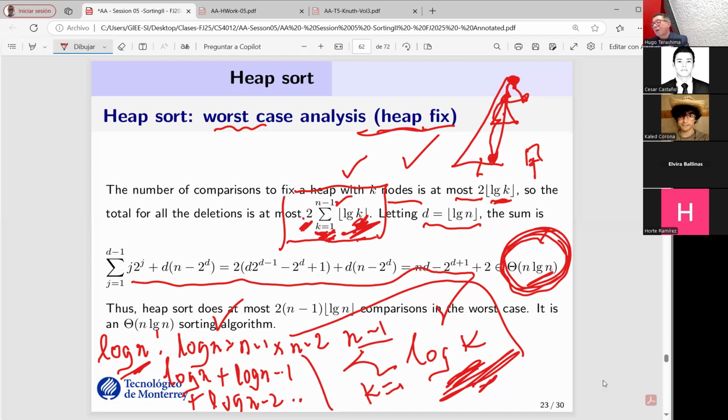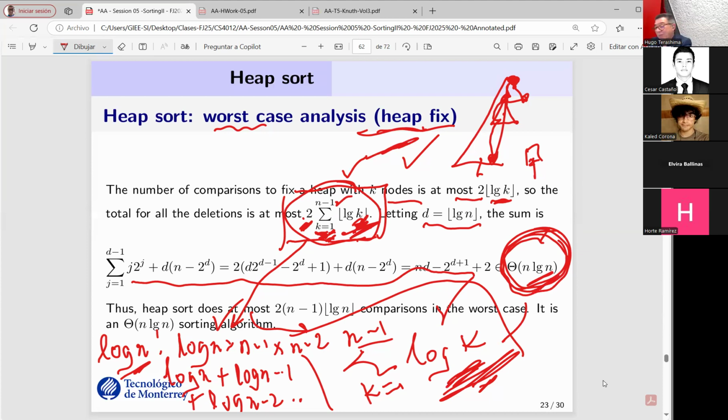So while one thing is going to increase, the other is decreasing, and that compensates. Then you get the linear complexity for that phase. In this case, you get this expression, which is similar to log of n factorial, and you know that log of n factorial is going to behave like n log n. So that's the part of the heap.